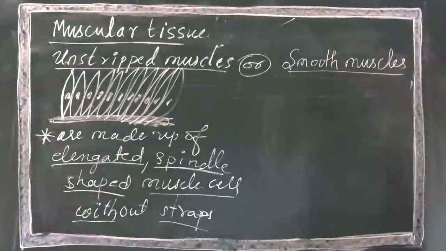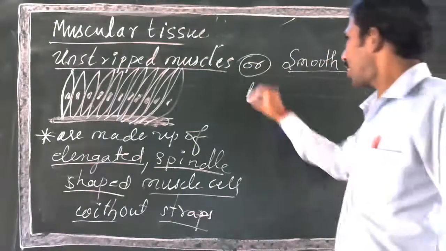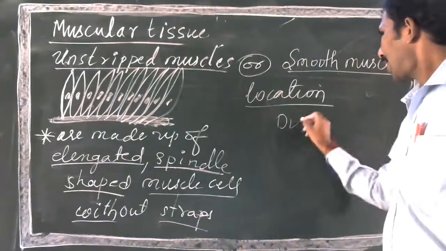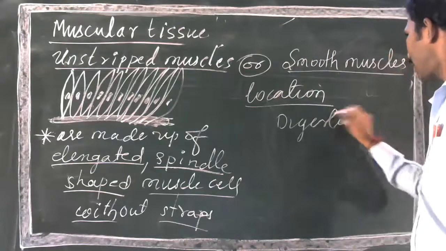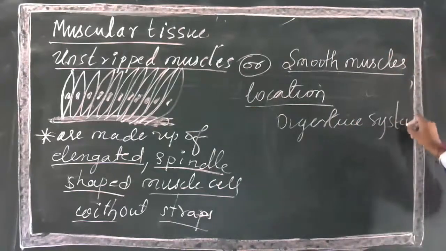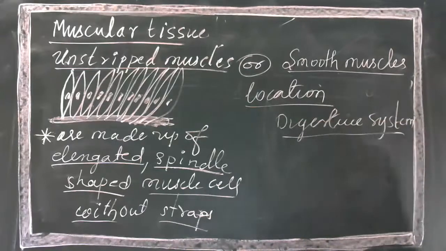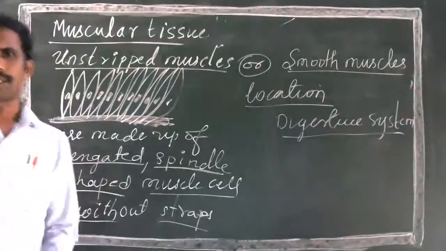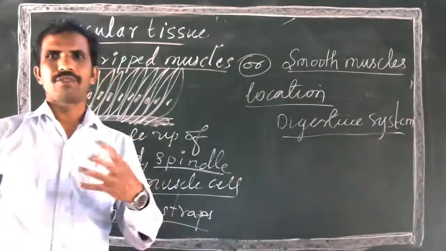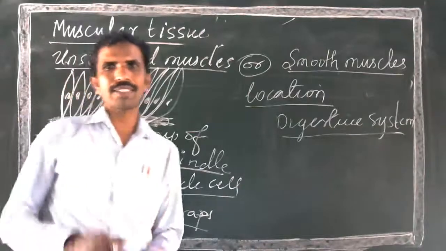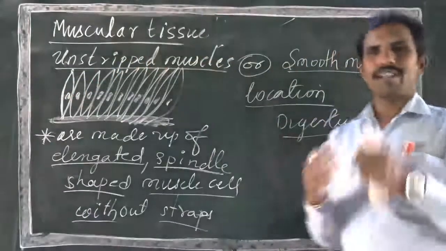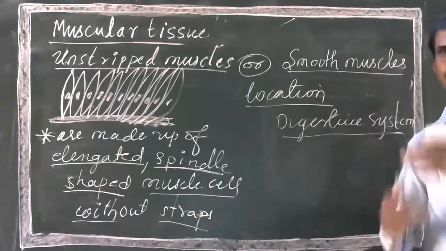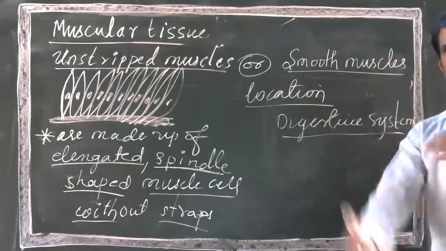Where are they present? Location. They are present in the digestive system, especially the stomach, large intestine and small intestine, because their function in the digestive system is to help in the movement of food. The food is carried to the next part.